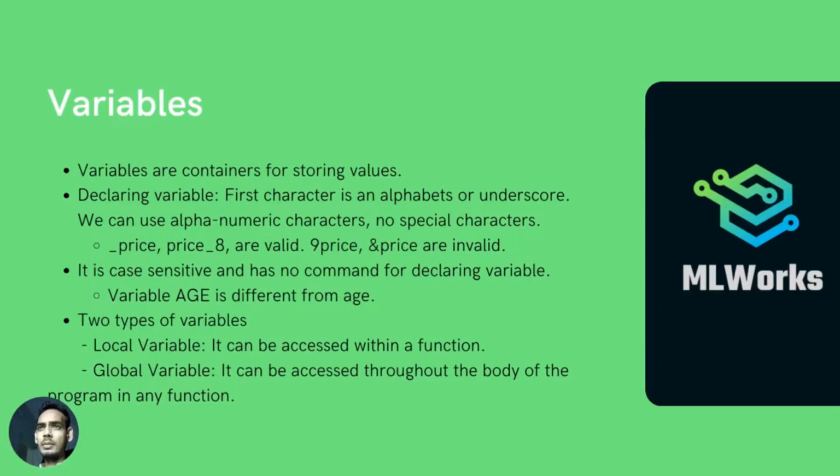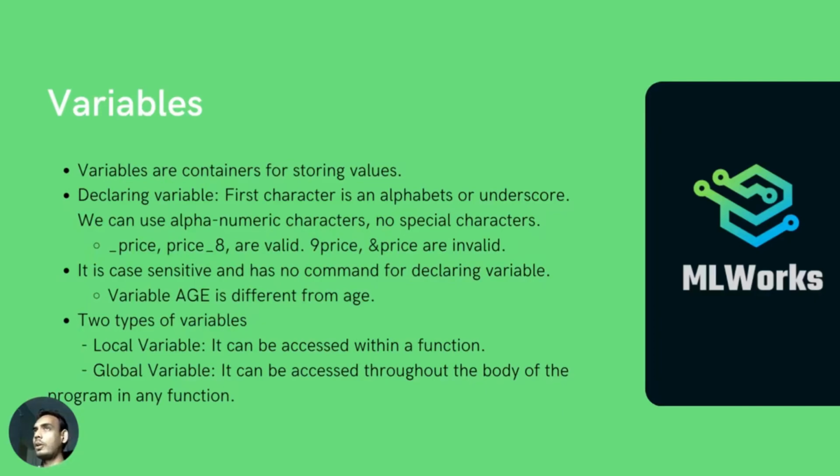Here are some samples: underscore, price, and underscore 8 are valid, and the 8 comes after the first character, so that is valid. If you have a numeric character in the first place, it becomes invalid. Similarly, if you have a special character inside your variable name, it is an invalid variable name.